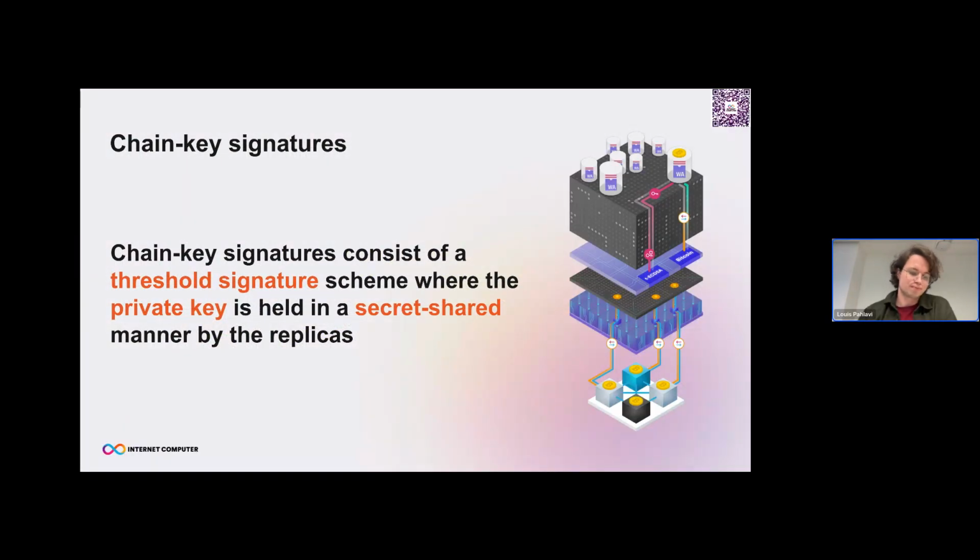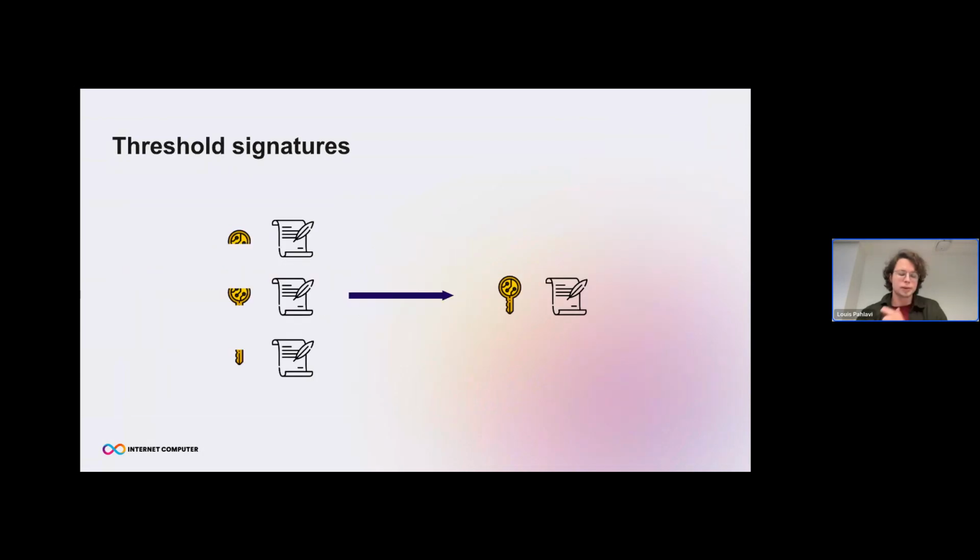I'll use the terms chain key signatures and threshold signatures pretty much interchangeably, since they essentially refer to the same thing. Chain key signatures consist of a threshold signature scheme where the private key is held in a secret-shared manner by the replicas. So what does this mean?